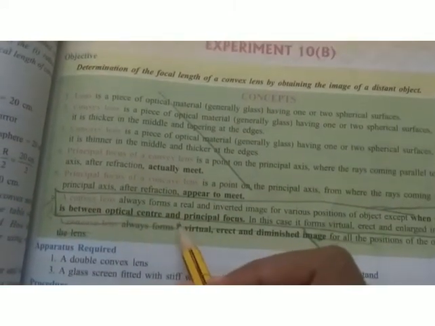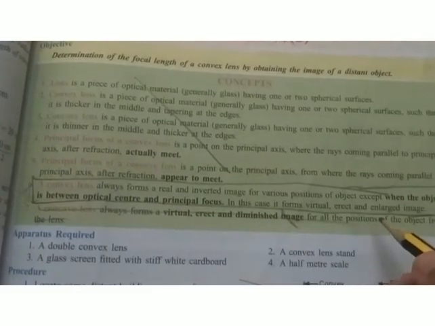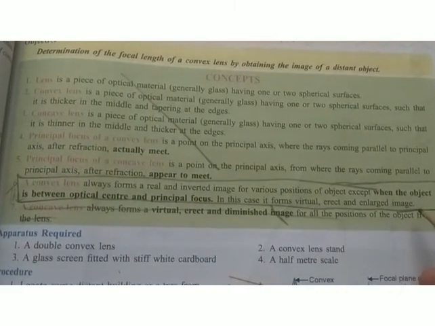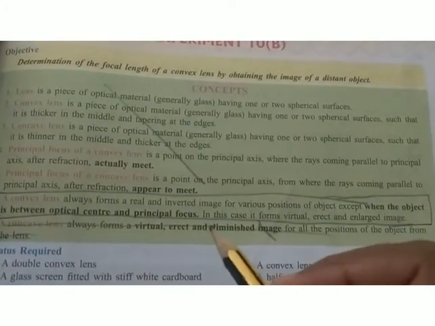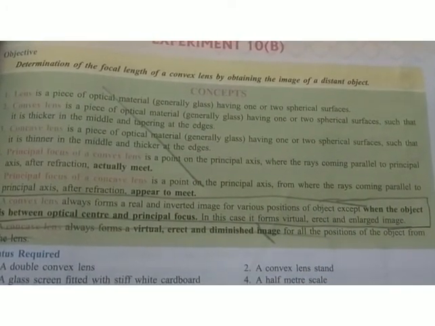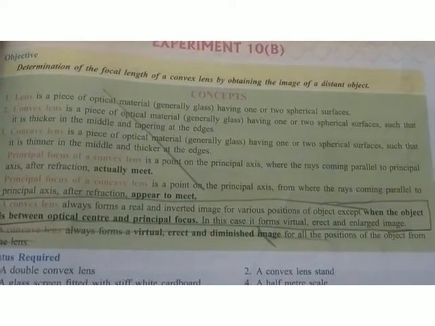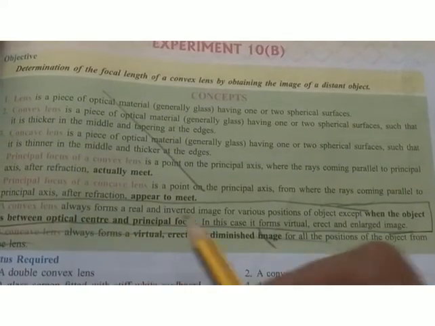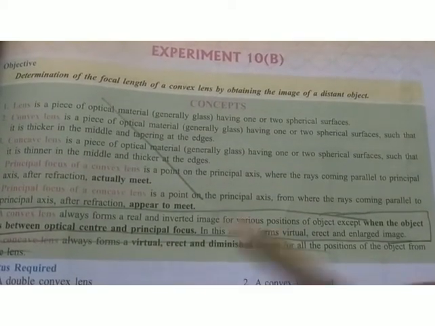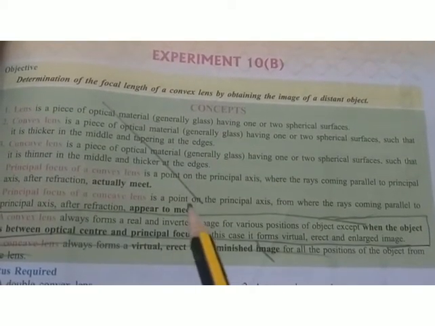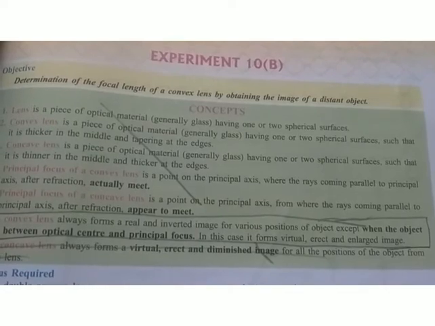The convex lens always forms a real inverted image for various positions of object, except when the object is between optical center and the principal focus. You have already studied about this theory. So convex lens always forms a real inverted image for various positions of the object. So here also, whenever the object is at infinity, image is formed at focus.